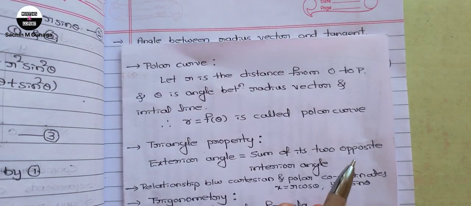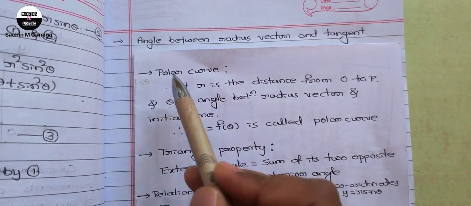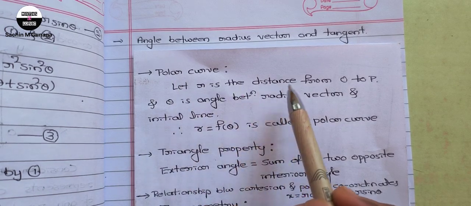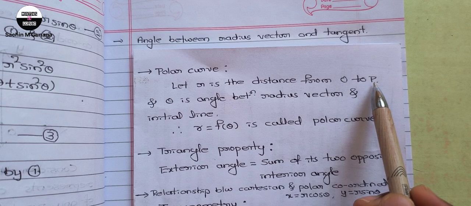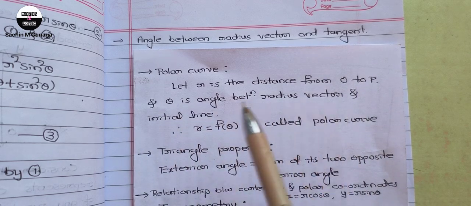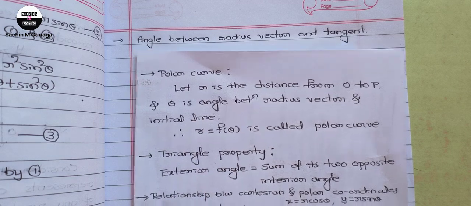First, what is meant by a polar curve? Let r be the distance from O to P, and theta the angle between the radius vector and the initial line.